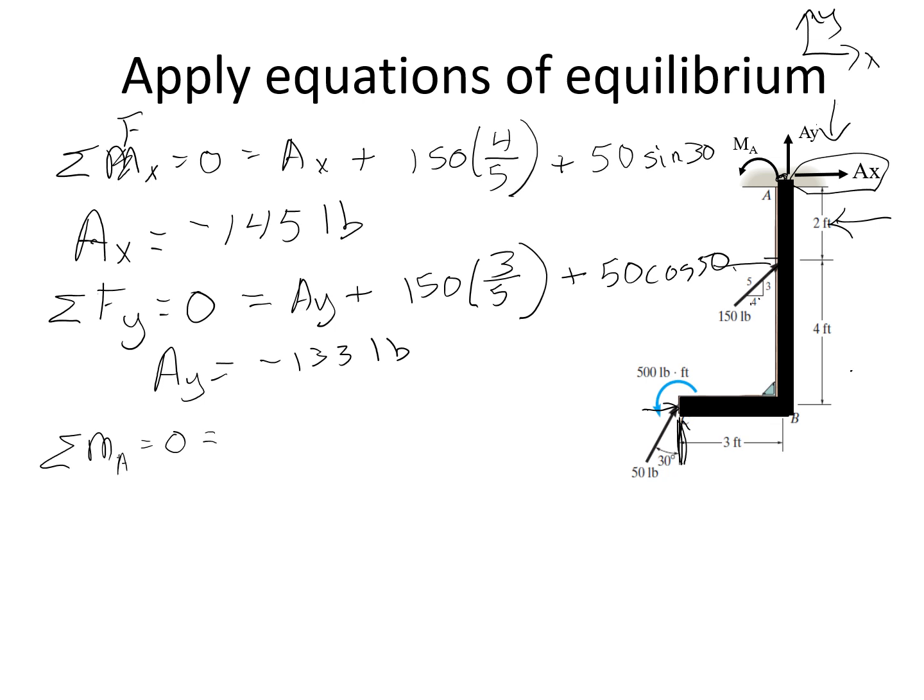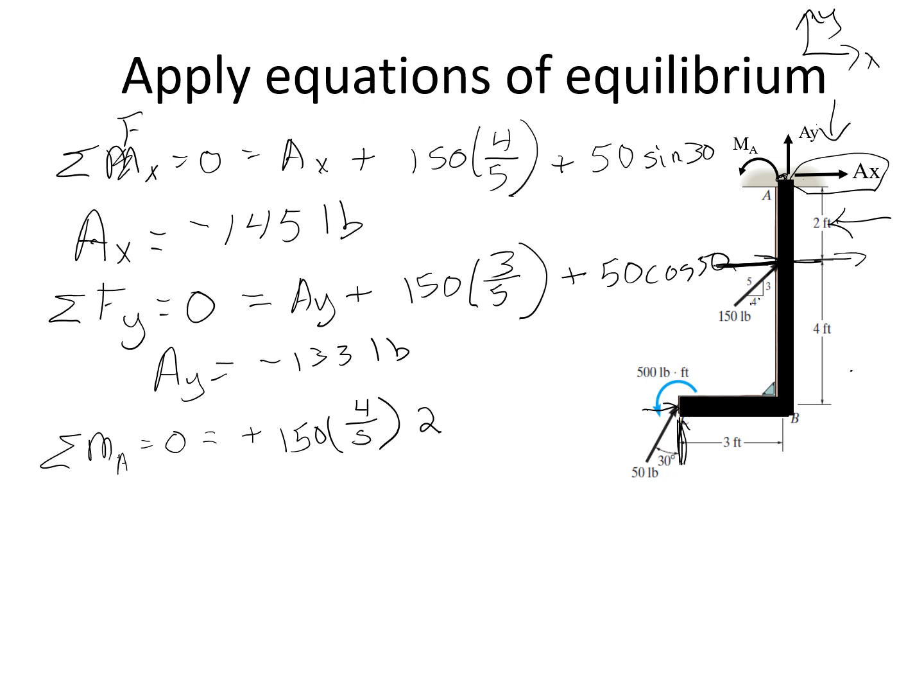So I'm going to have the X component of the 150. So I have 150 times 4/5. And the distance of that component to A is 2 feet. And it is going to be pushing this way, so it's going to tend to rotate this thing counterclockwise, so it would be positive.